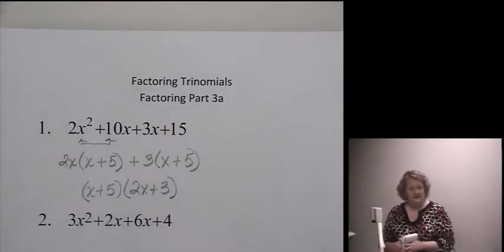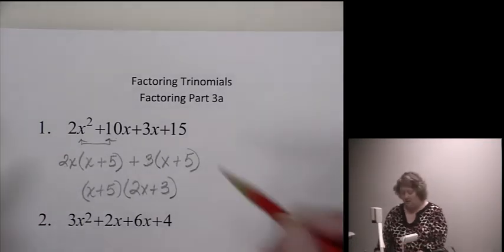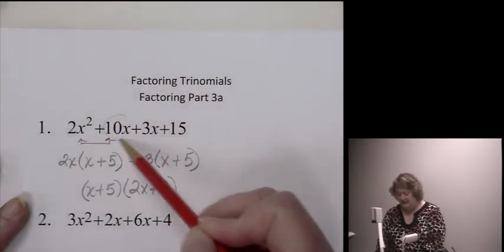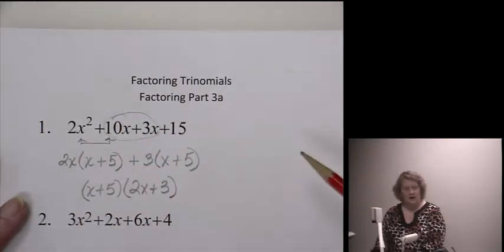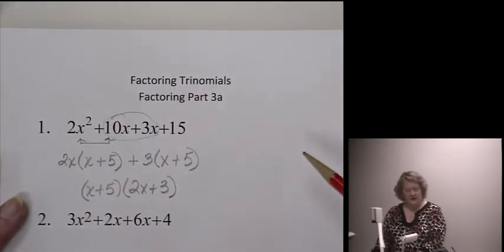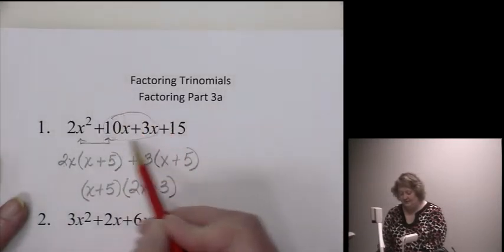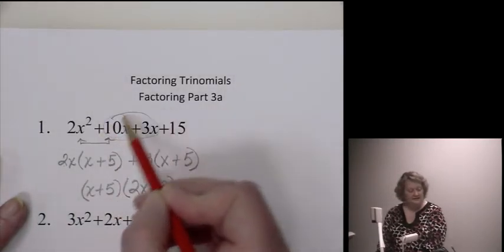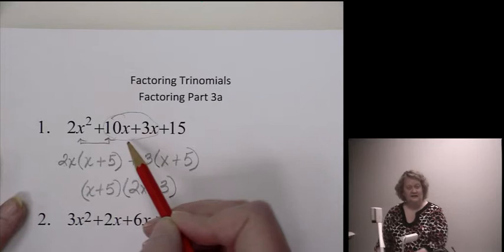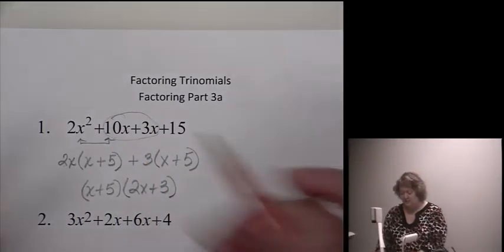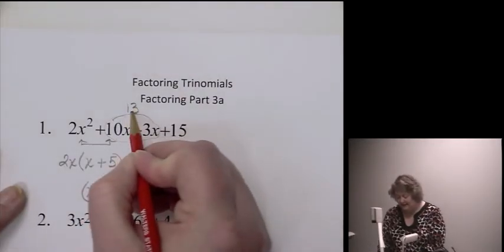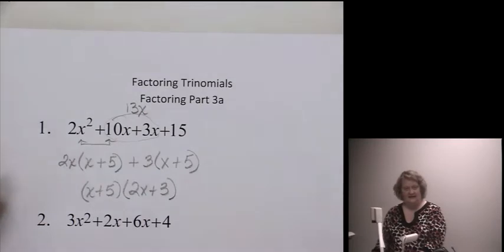But notice something about this problem. Notice that these are like terms. Generally, we wouldn't be given this problem in this form. Generally, we add like terms, so that would have been given as 13x.